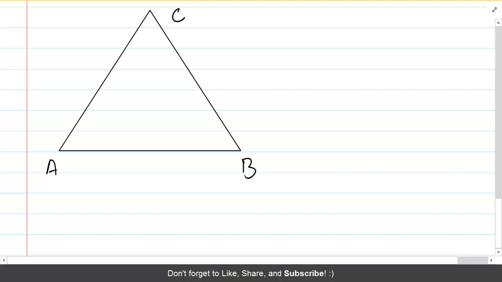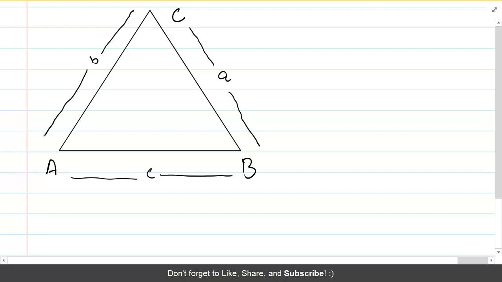There are conventions in mathematics as well, just like we have conventions in the real world, that all the corners, whether it's a rectangle or a triangle, are named with capital letters: capital A, capital B, capital C. The side opposite to vertex A will be named small a, the side opposite to C will be named small c, and the side opposite to capital letter B will be named small b.